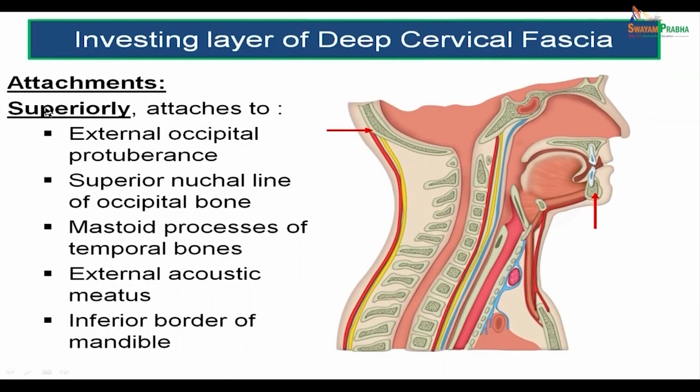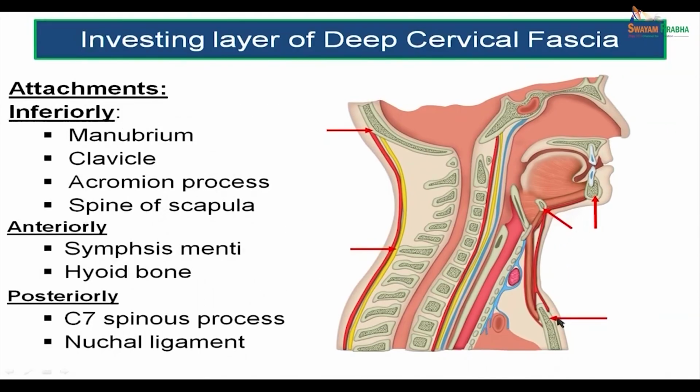What are its attachments? Superiorly, it is attached to the external occipital protuberance, the superior nuchal line, the mastoid process, the external acoustic meatus, and to the inferior border of the mandible.